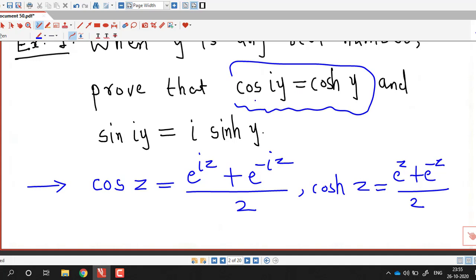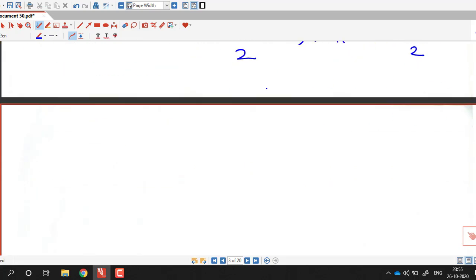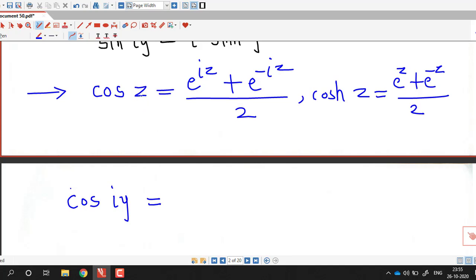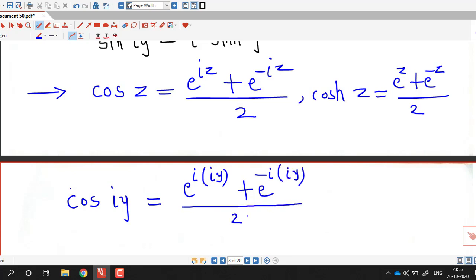So we start with the left hand side, cos iy. So i into y is nothing but a pure imaginary number. So in this definition we have to replace z by i into y. Our complex number here is i into y. So we replace z by i into y, and then we simplify over 2.